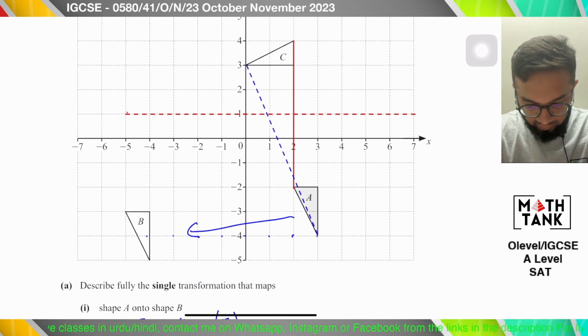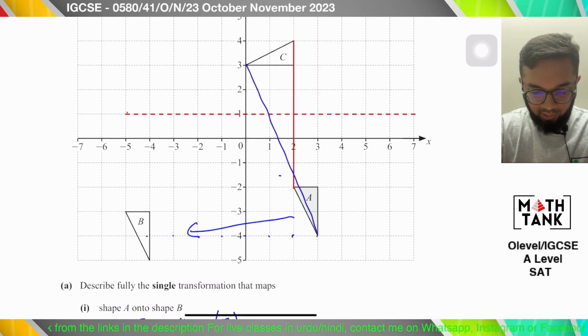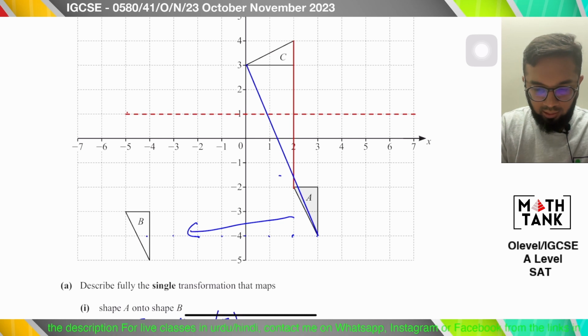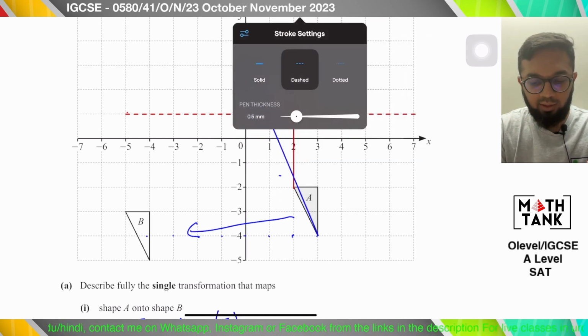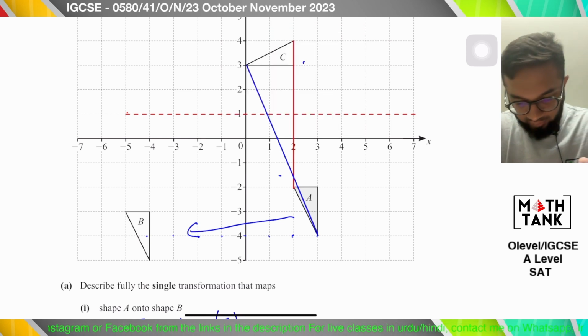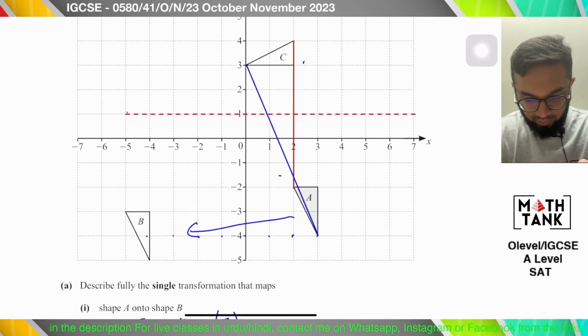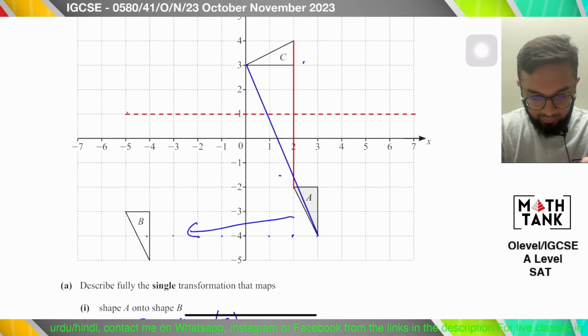But I want this line to be solid. Let's switch to a solid line. First, I connect the object and the image, and then I draw the perpendicular bisector. Now, in the exam, you would draw the perpendicular bisector like you've learned in loci. Since I don't have a compass on screen, I'm just going to draw something approximate and see if I can sort of get the right answer. 1, 2, 3, 4, 5, 6, 7.